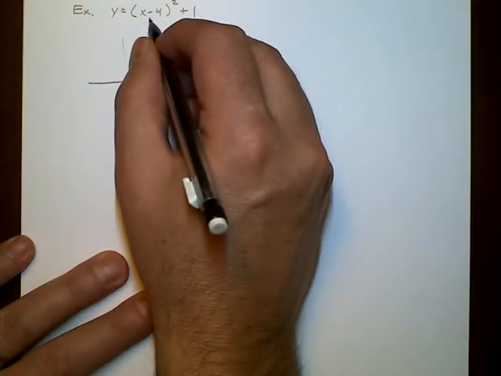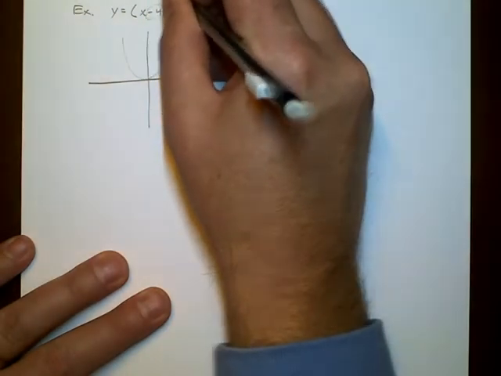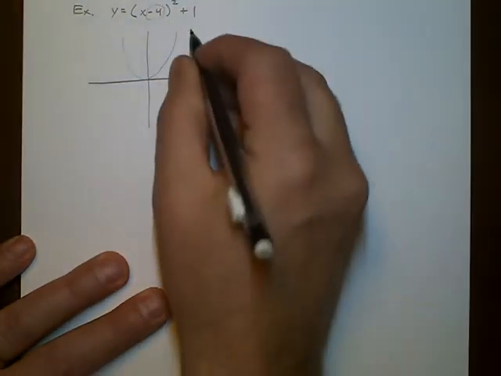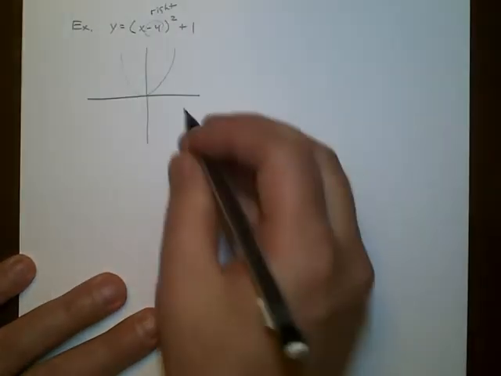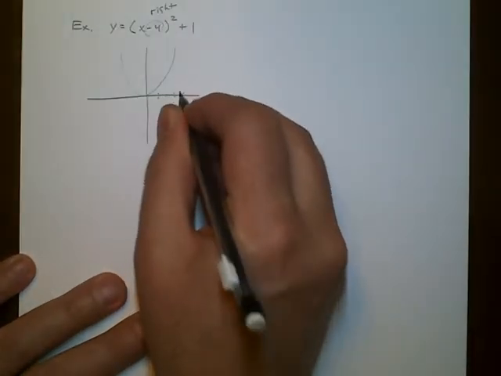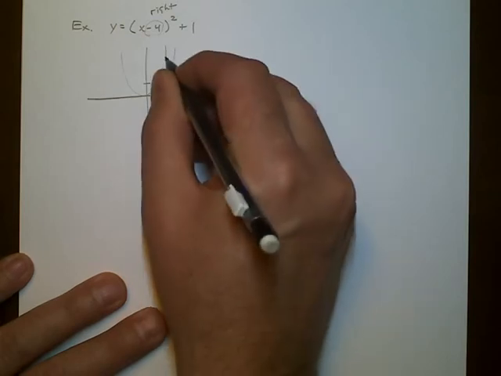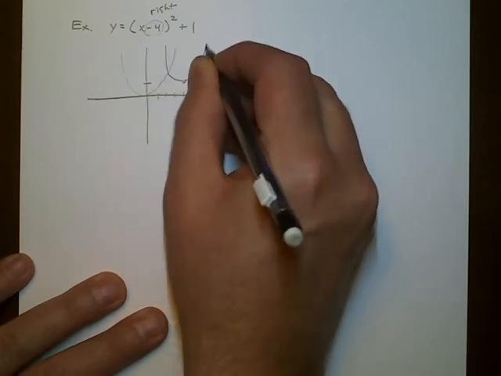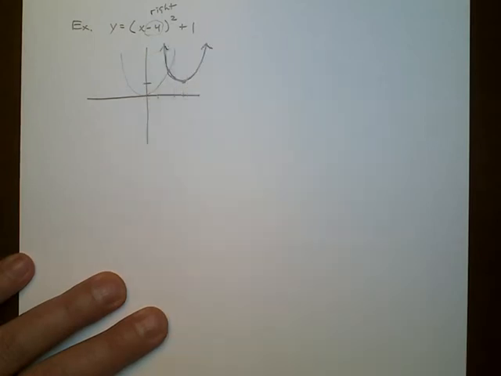This is going to move it to the right 4. And this is going to move it up 1. So I'm going to take this graph, I'm going to move it to the right, 1, 2, 3, 4, and up 1. So its vertex is now here, still opens upward. So our final graph would look like that.